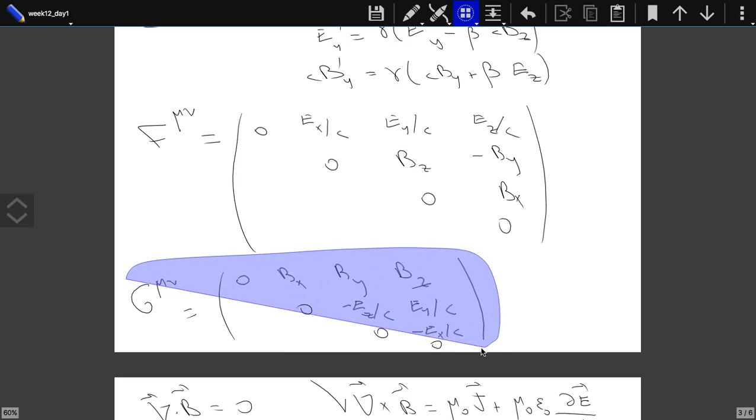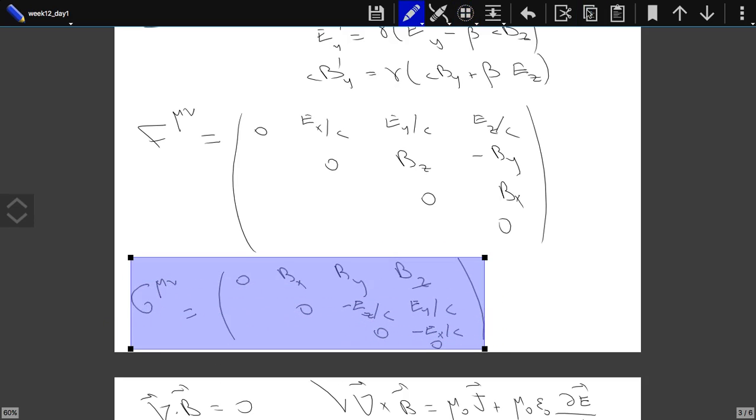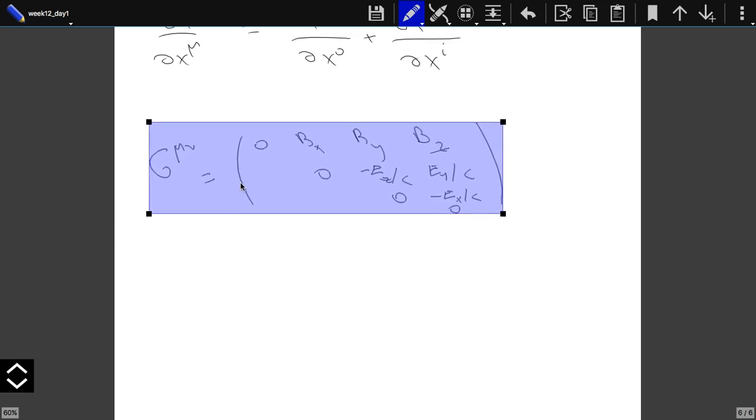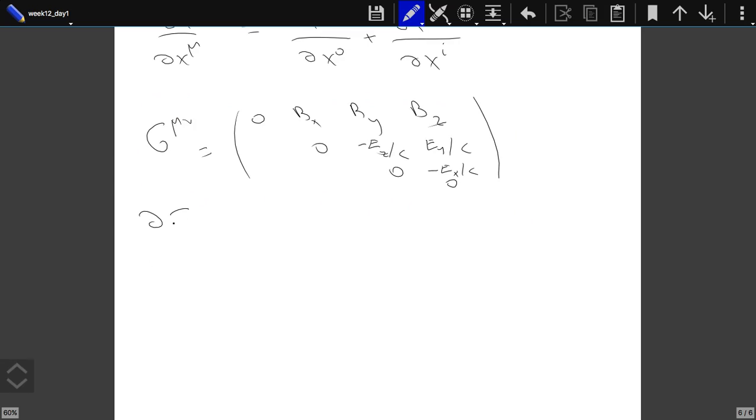Now let me calculate the derivative of G mu 0 with respect to x mu. I'm just repeating basically the same thing, but this time with the G matrix. This will be equal to, well, G00 is 0, G10 is minus Bx, G20 is minus By, G30 is minus Bz.